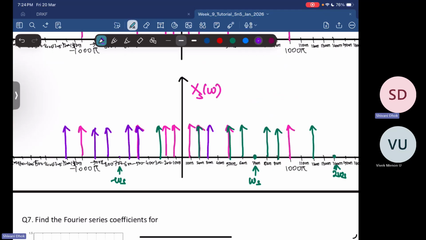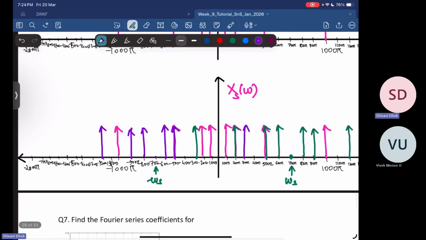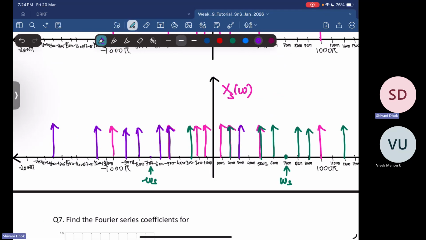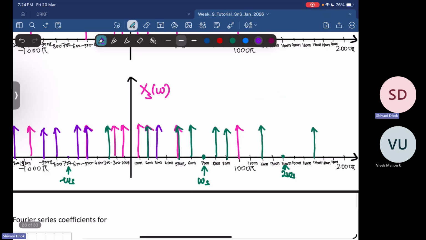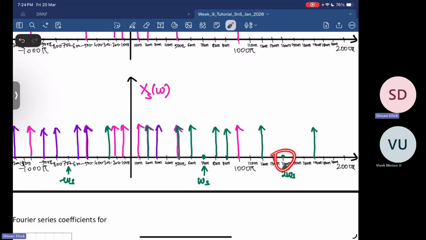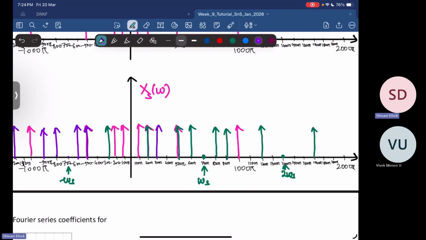Minus 1200 and at minus 1700, like this. Then the second one will be at 1400. So 1400 plus minus 100 is here.